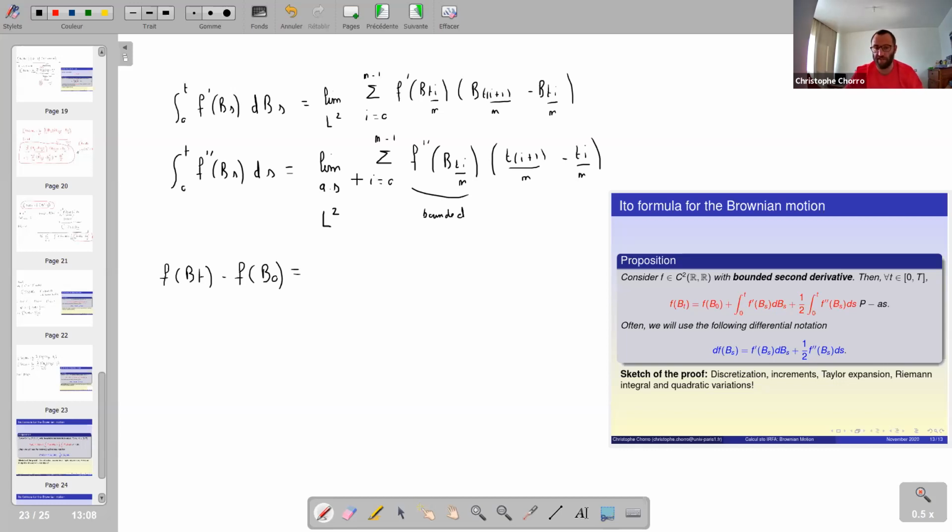And the way we are going to do this is simply to write f of B_t minus f of B_0 as the sum from i equal to 0 to n minus 1 of f of B_{t_{i+1}/n} minus f of B_{t_i/n}. Because when I do the sum, I have a telescoping simplification between these terms that will give me f of B_t, for i equal to n minus 1, and f of B_0, for i equal to 0.